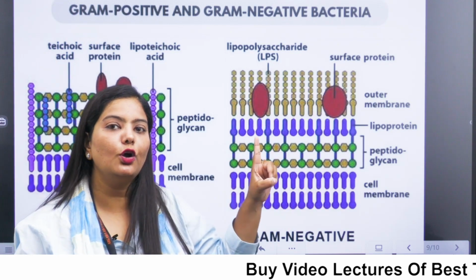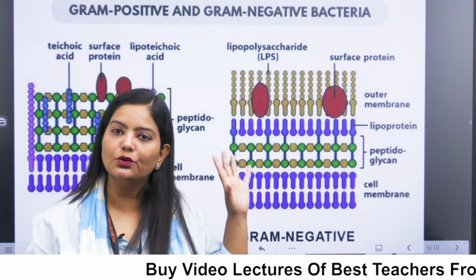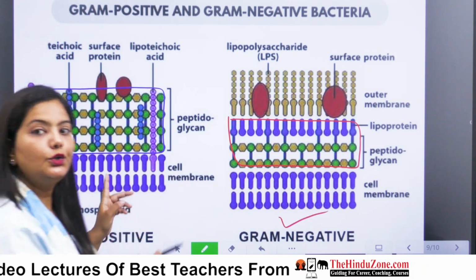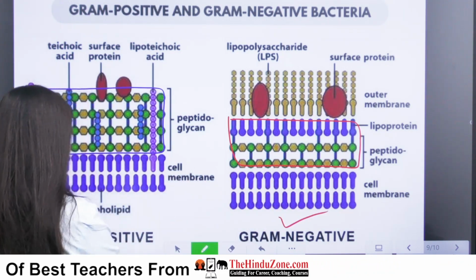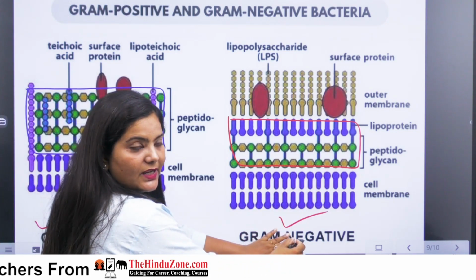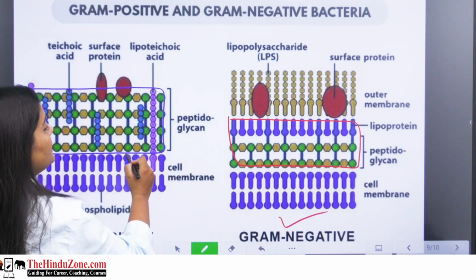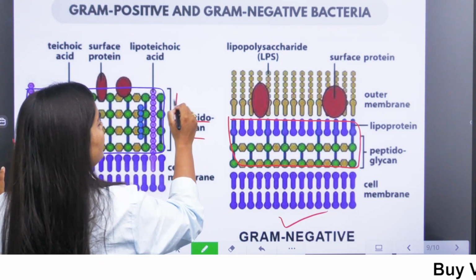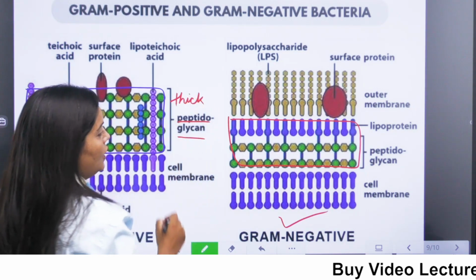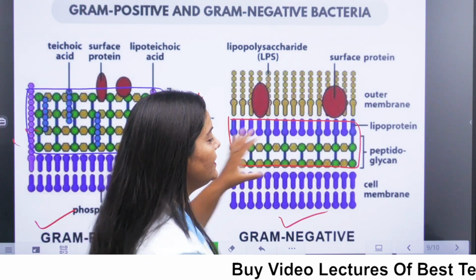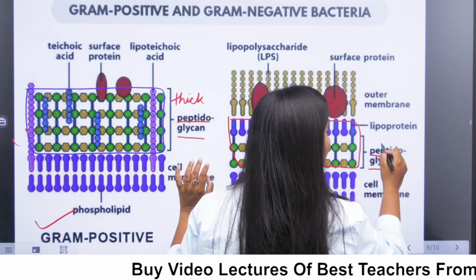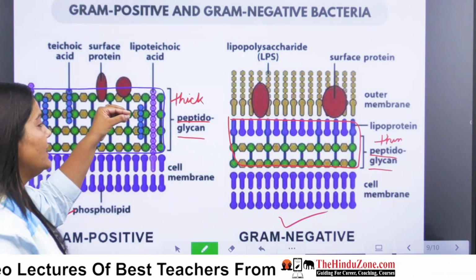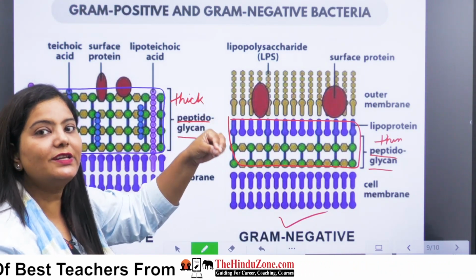The cell wall of the bacteria is made up of peptidoglycan, right? Just have a look. Two cells are in front of you. This side is gram positive and this side is gram negative. On the gram positive side, the peptidoglycan cell wall is thick, while on the gram negative side it is thin. Peptidoglycans are made up of NAM and NAG associated with some proteins.